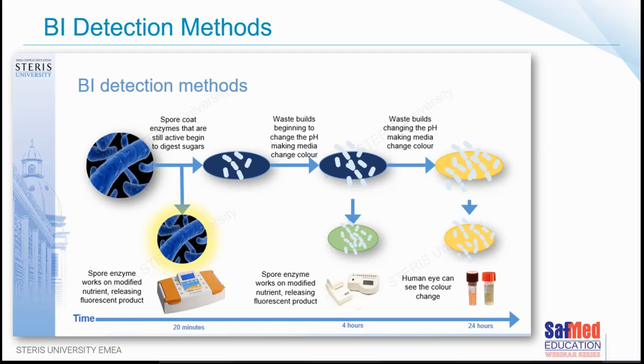In rapid biological indicators, when the spores start to activate, they release an enzyme. And that enzyme reacts with the special indicator in the growth medium that produces a fluorescence or a light, which the incubators are able to detect. So it's a slightly different methodology, and that's why the incubators tend to be so specific to the product, and different to the incubators that we used in the olden days.